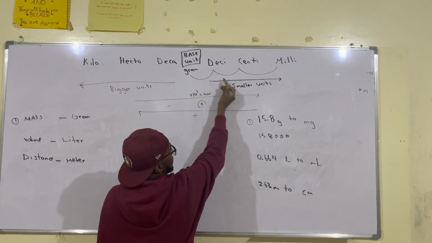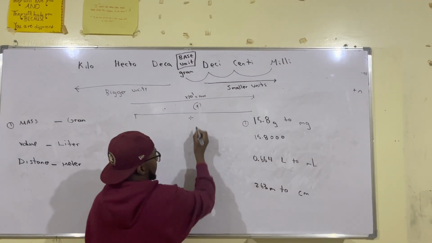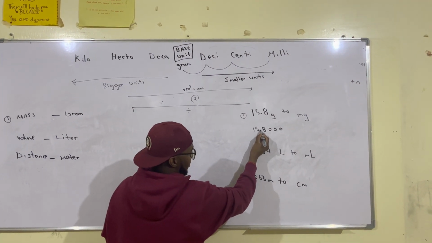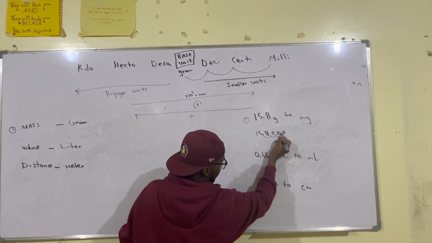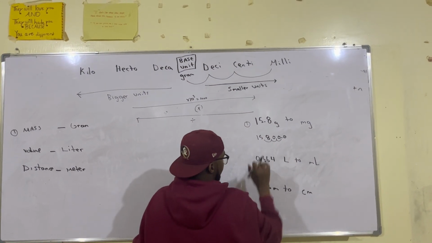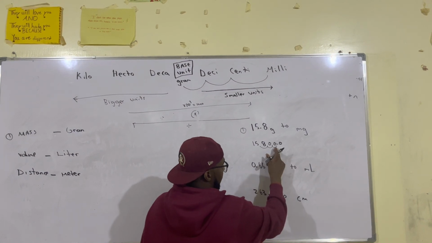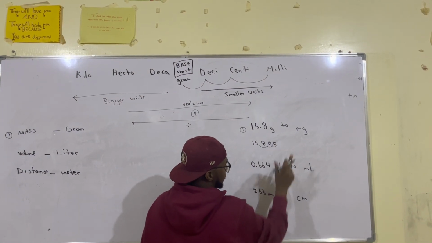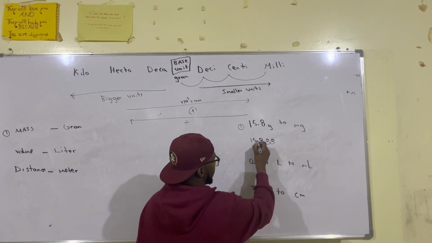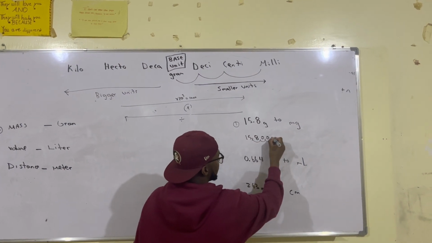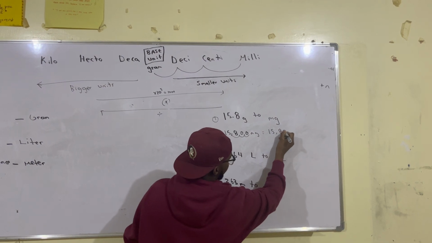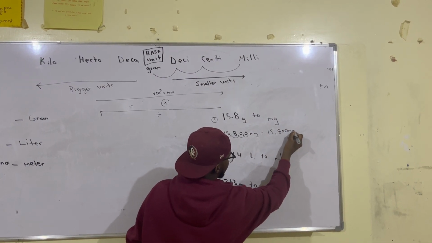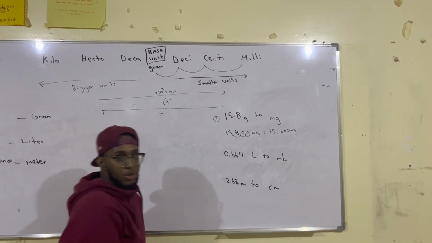It's 1, 2, 3. Okay? So we move the decimal 3 places. 1, 2, 3. So it's going to end up here. You can remove that, and the point 0 is no longer necessary. So it's 15,800 milligrams, right? 15,800 milligrams is the same thing as 15.8 grams.